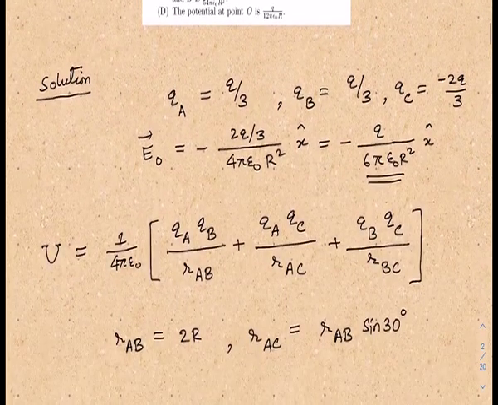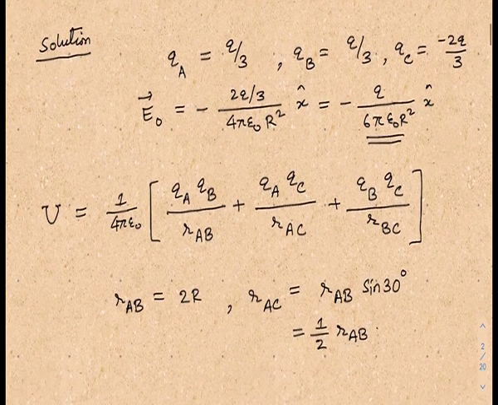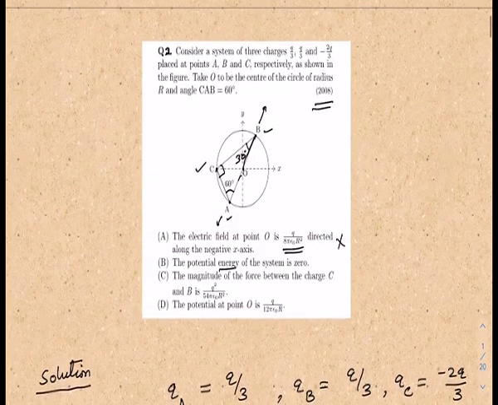So this would be half RAB, therefore RAC is simply R.